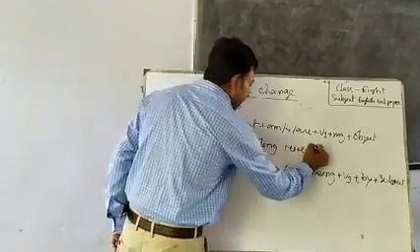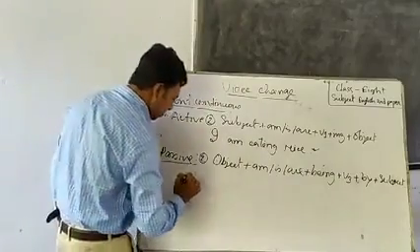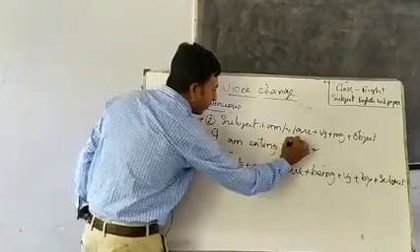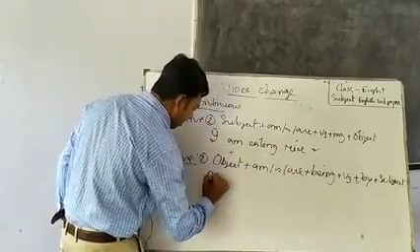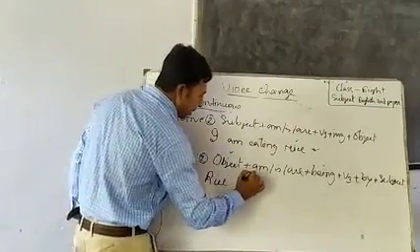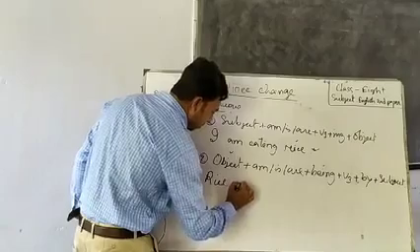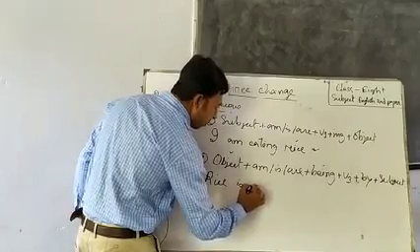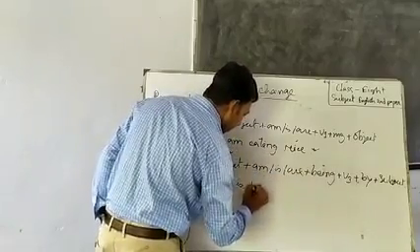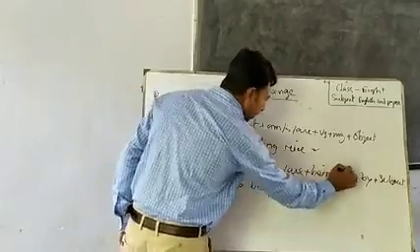Now I change this active sentence into passive. First I write object. Object here is rice. Then I write auxiliary verb according to number and person. Then I write being according to the structure. Then I write verb 3.